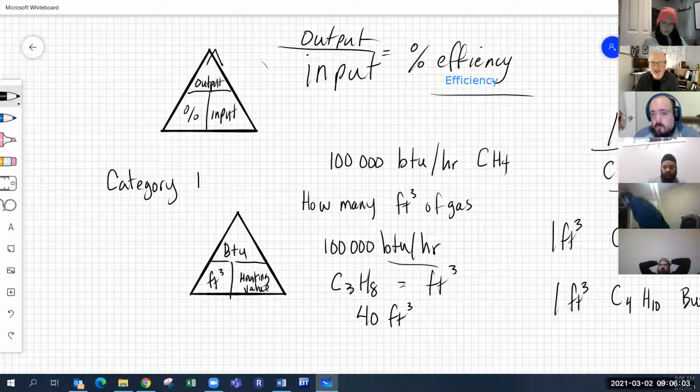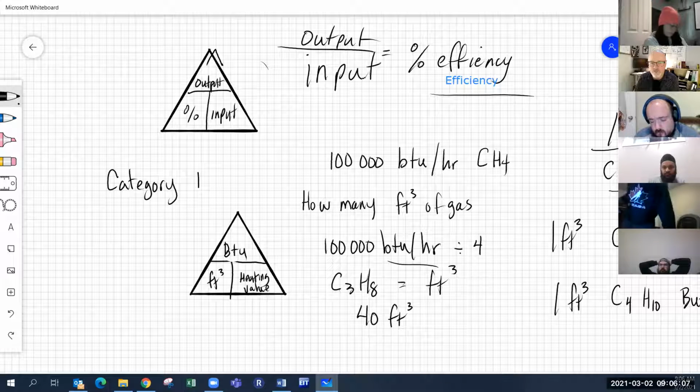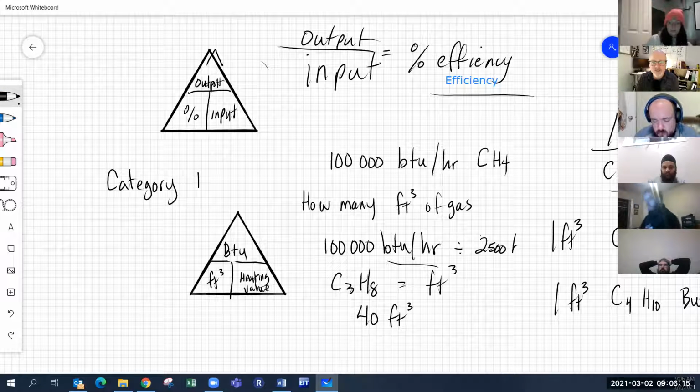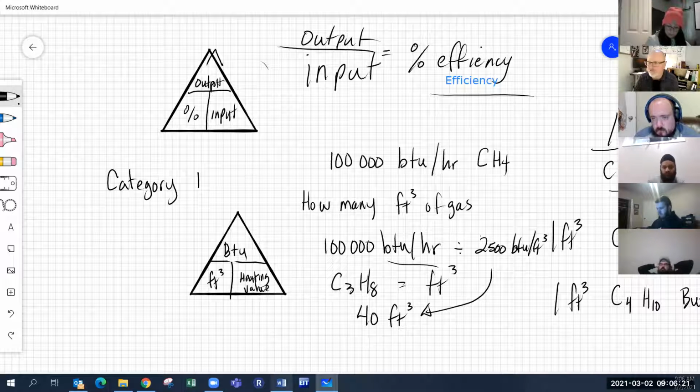So what you did there is you took 100,000 BTUs per hour and divided it by 2,500 BTUs per cubic foot, which is the heating value, and you get 40 cubic feet. Correct. Pretty easy stuff.